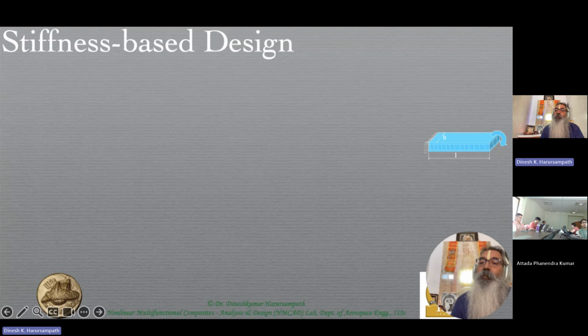The breadth is B, the length is L, and we will denote different thicknesses over here because the height is H, but that height H is split into three parts: one top face sheet, one bottom face sheet, both of which are of similar thickness.